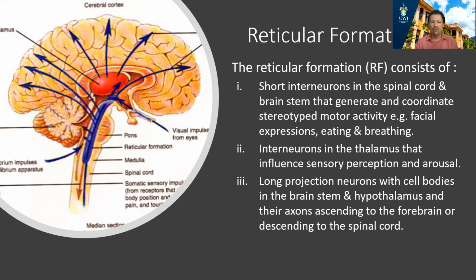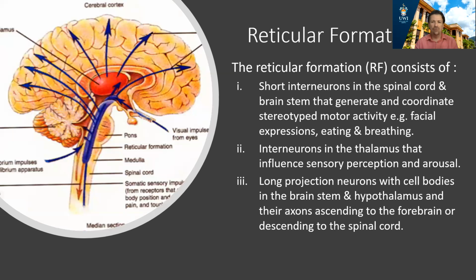There are short interneurons within the brainstem that form circuits, very similar to the central pattern generators in the spinal cord involved in locomotion. These generate motor signals and motor rhythms for stereotyped motor activity like facial expressions, eating, swallowing, and breathing.